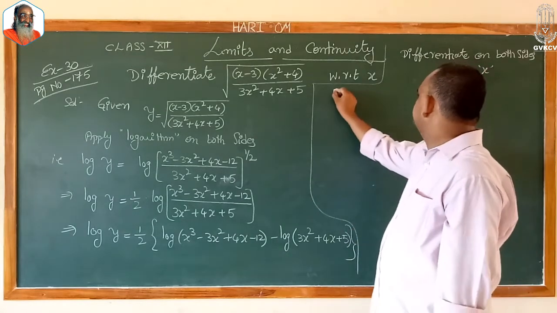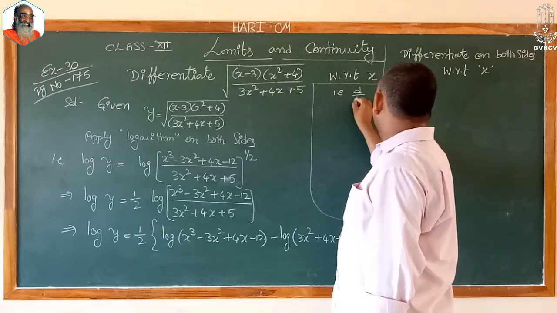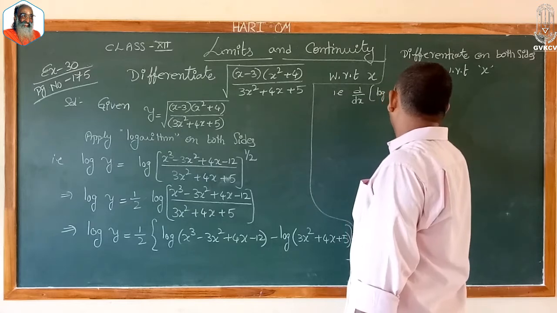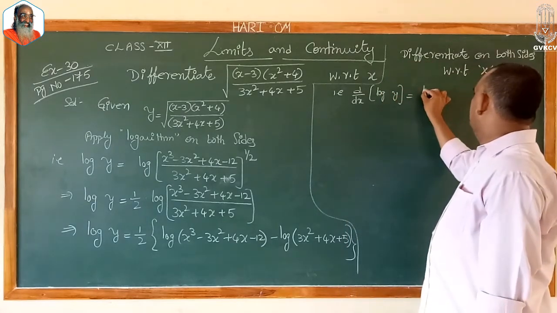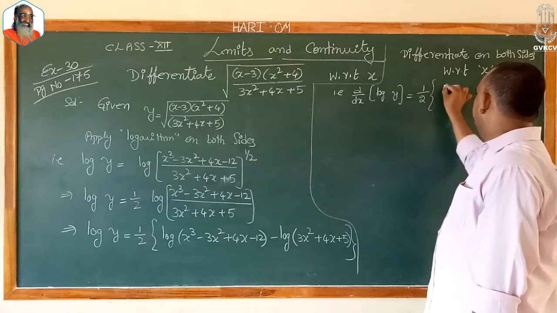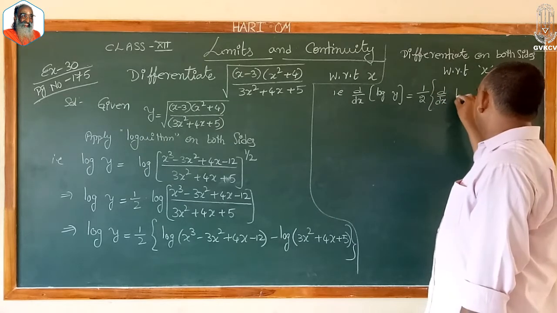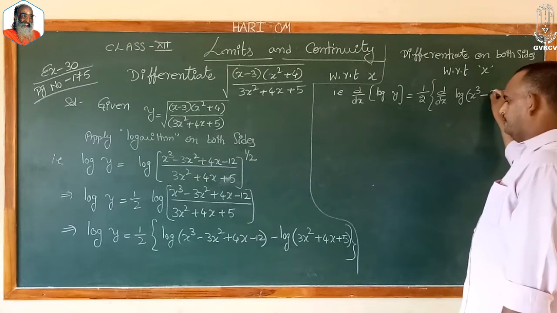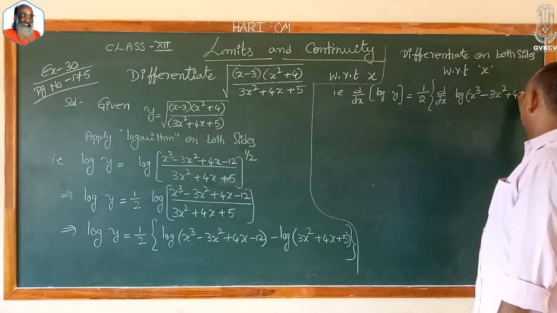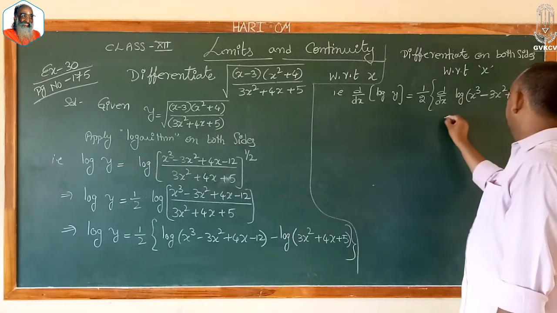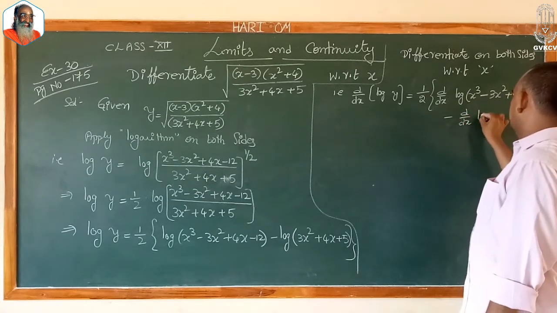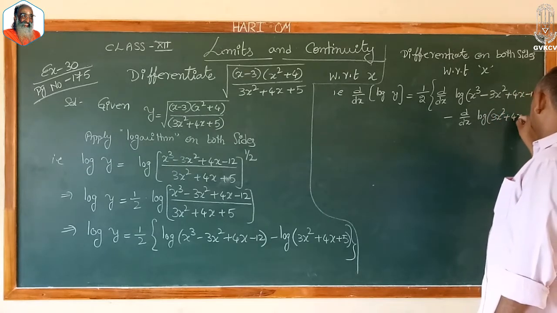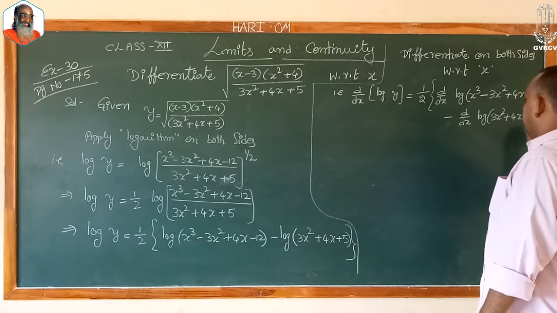That is, d by dx of log y is equal to half into d by dx of log of (x cube minus 3x square plus 4x minus 12) minus d by dx of log of (3x square plus 4x plus 5).